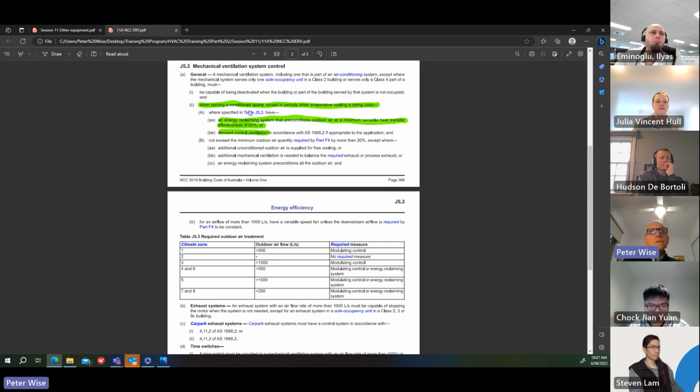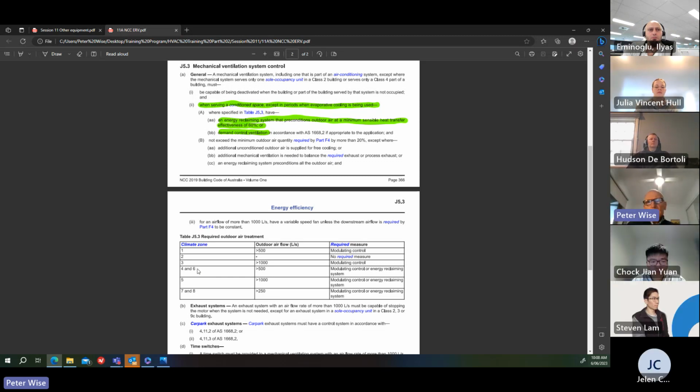J5.3A2, when serving a conditioned space, except in periods when evaporative cooling is being used, where specified in Table J5.3, have an energy reclaiming system that preconditions outdoor air at a minimum sensible heat transfer effectiveness of 60%, or demand control ventilation, which is, for example, CO2 control. We'll look at this Table J5.3, zones 4 and 6.